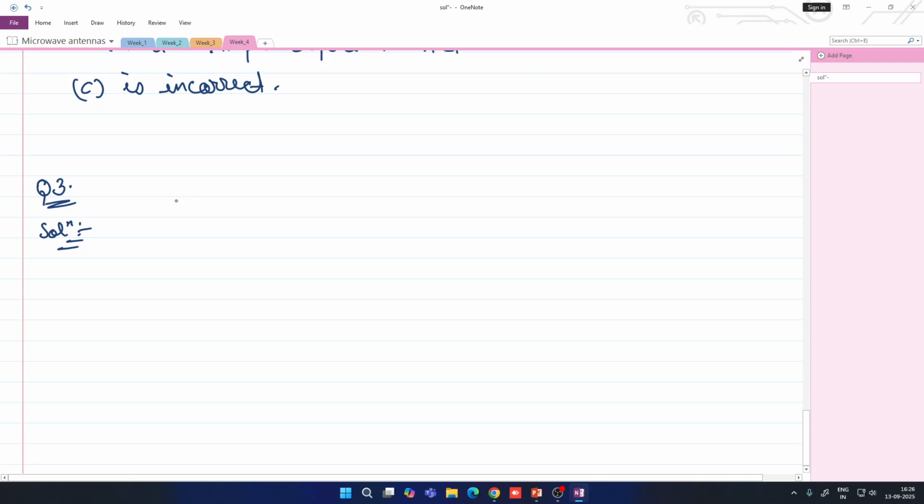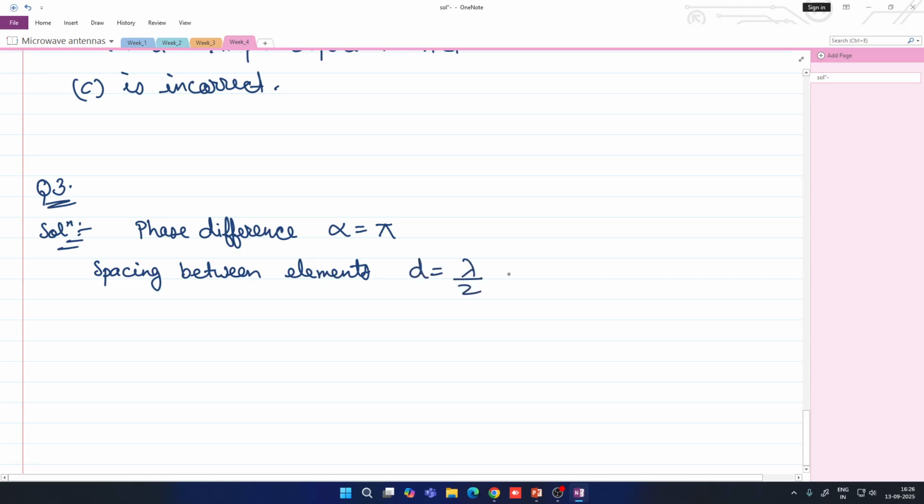So what is given in the problem is the phase difference alpha is pi, and the spacing between elements d is lambda by 2.